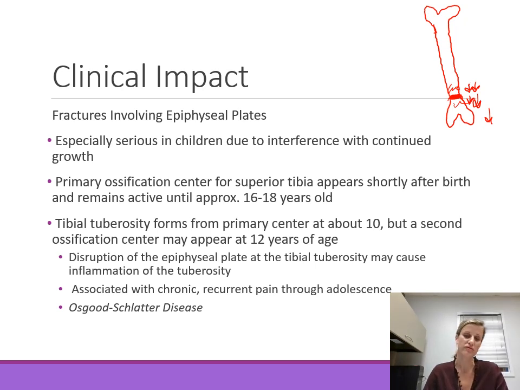And disruption of the epiphyseal plate at the tibial tuberosity can end up causing inflammation of the tuberosity that causes chronic recurrent pain all through adolescence while the plate is active. This is referred to as Osgood-Schlatter disease, and it is more common in young athletes.